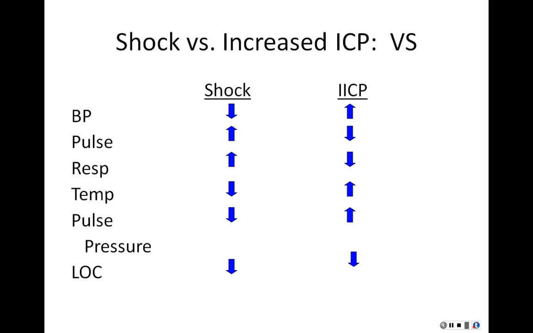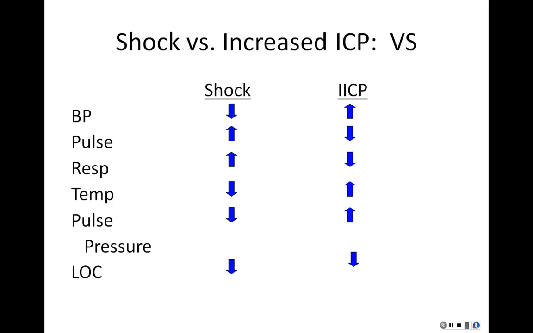Now you can look at this as compared to generalized shock. Blood pressure in shock goes down, and to try to compensate, pulse and respirations go up, and the temperature may go down. The pulse pressure goes down. Level of consciousness goes down. With increased intracranial pressure, we have the blood pressure going up.